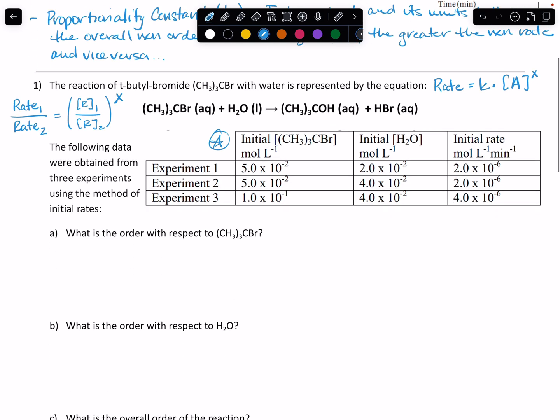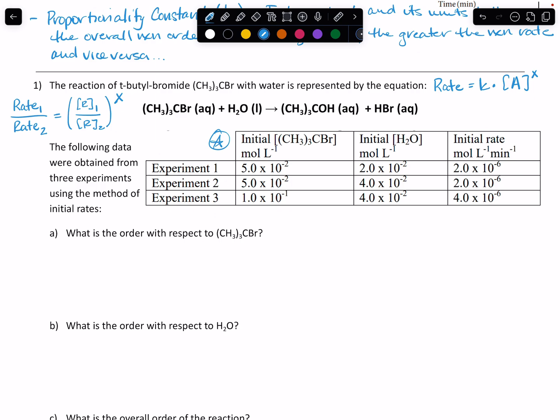All right. Now, one thing to keep in mind is when we have a reaction like this one, CH3CBr plus water forms CH3COH plus HBr, you want to limit the number of variables that are present.